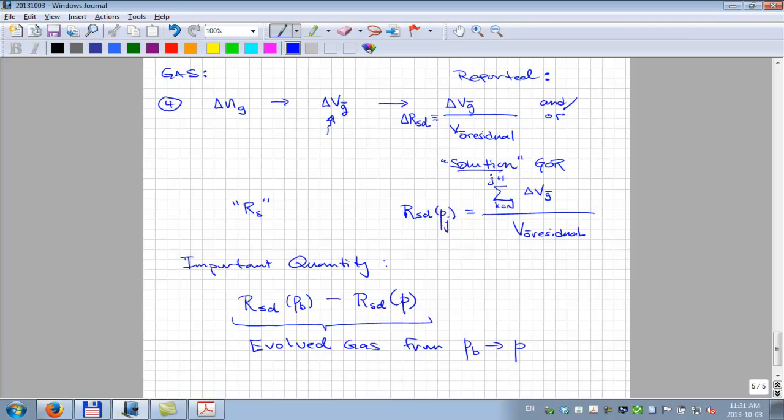And in all of the books that you'll be using and reading as reservoir production engineers, where you see RS, you don't want to use this quantity directly. Okay? So the engineering RS is not equal to the RSD. So don't use this directly.